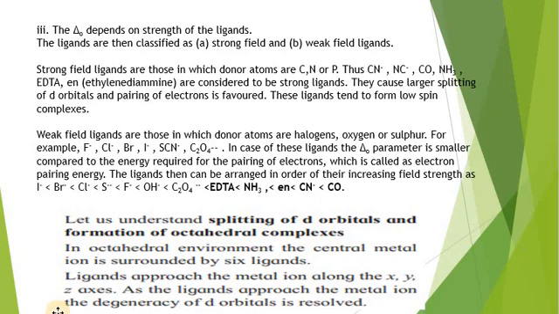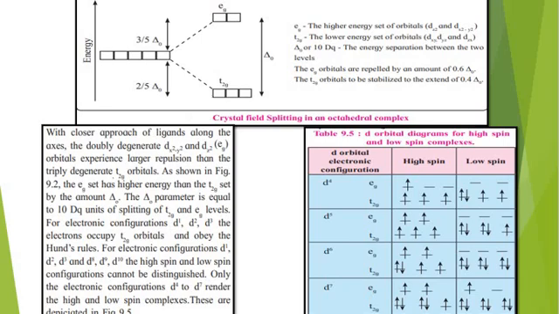As the ligands approach the metal ion, the degeneracy of the d orbitals is resolved. Now let's see. These are the 2 eg orbitals, and these are the 3 orbitals of t2g. Eg is the higher energy set of orbitals. T2g is the lower energy set of orbitals.